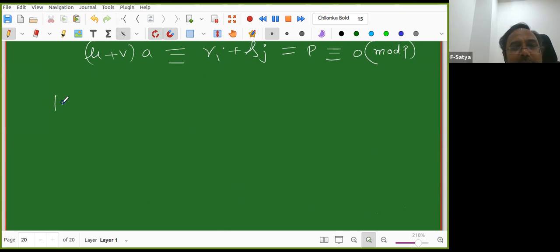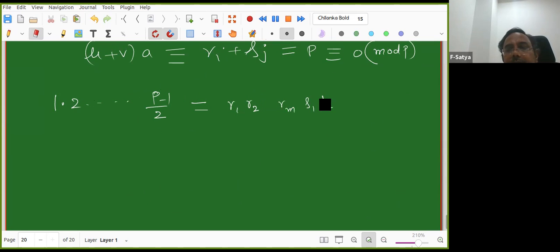Now Gauss lemma I proved actually. Very simple. You simply multiply up to P minus 1 by 2. So it is equal to R1 into R2 into Rm into S1 into P minus S1. These are the same numbers, right? 1, 2 up to P minus 1 by 2 equals R1, R2, Rm, P minus S1, P minus S2, up to P minus Sn.